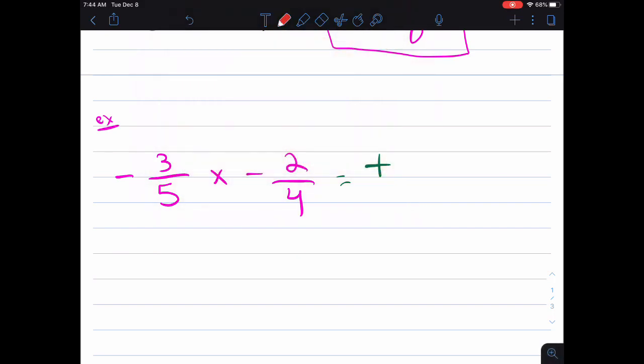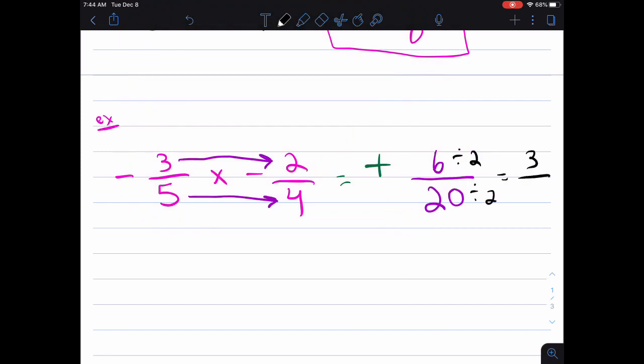And now just multiply top times top. 3 times 2 is 6. 5 times 4, 5 por 4 is 20. Positive 6 over 20. Remember to simplify. Vamos a simplificar. I divide by 2. This is 3 over 10. Positive 3 over 10.